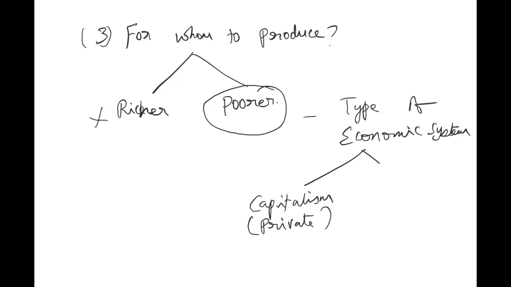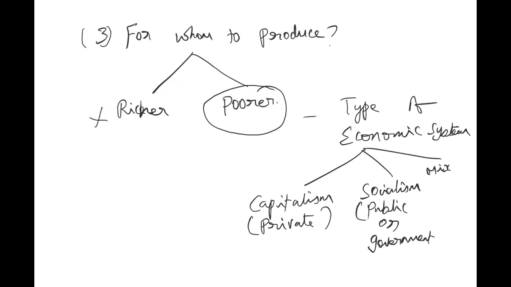Then the next type of economic system is socialism, in which everything is run by the public or government. And you have countries like India, where you have the mixed economic system. We have both the public as well as the private sector. So that is a mixed economic system.